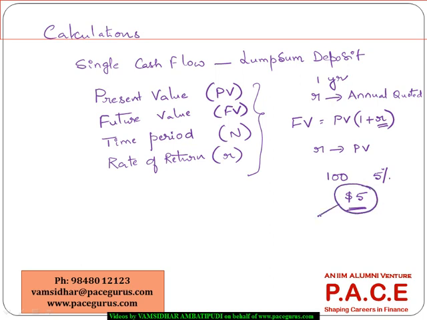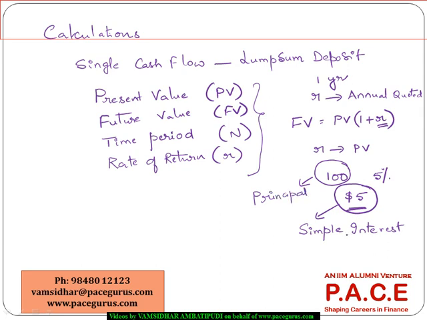If it is the same 5 that comes on the same 100 deposited every year, such interest is what we call simple interest, which will be the same every year, because the investment amount remains the same. Just as a term, this 100 is called the principal amount.